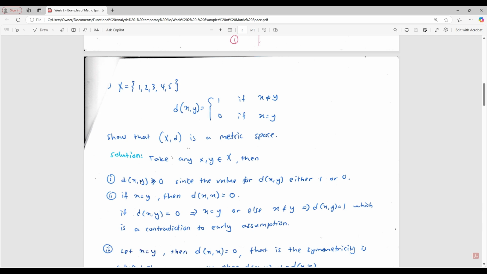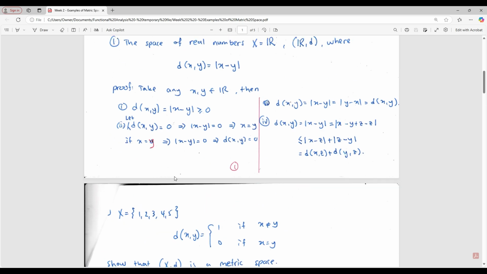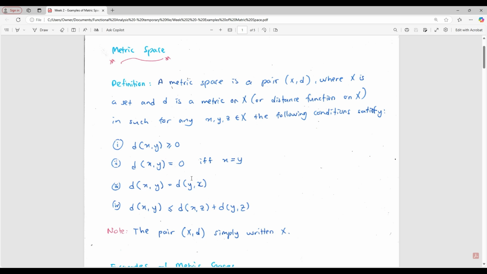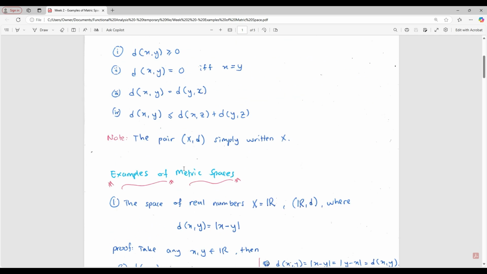Next, I'm going to consider the second property. In the second property, we need to show two directions here. So we start from the metric of x and y equal to 0, which implies x equal to y. So now I'm going to start from x equal to y first, which implies d of x y equal to 0.